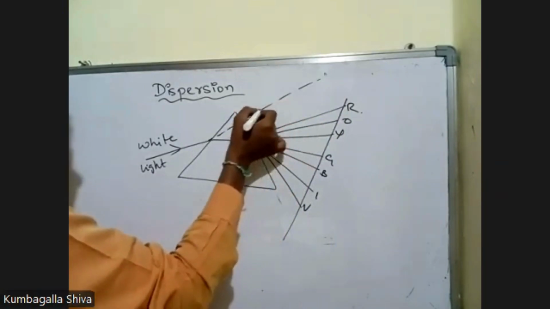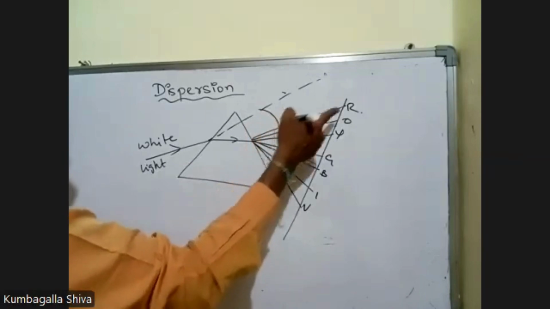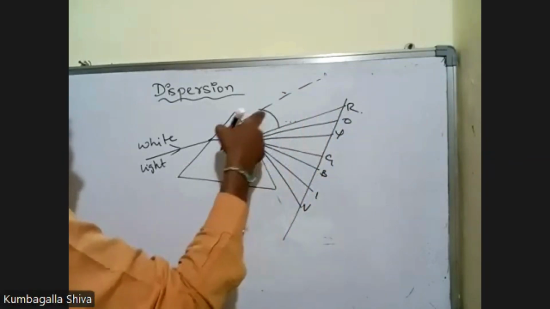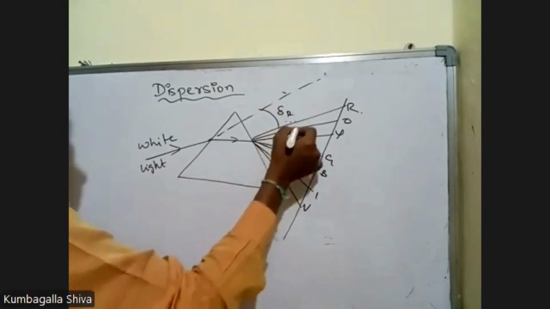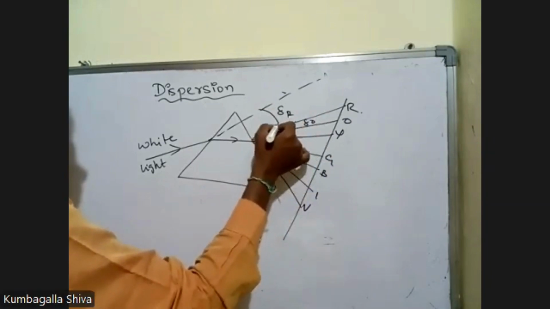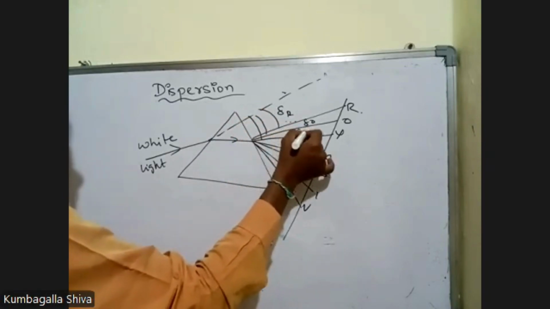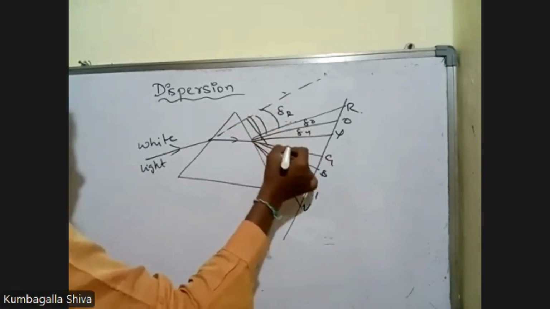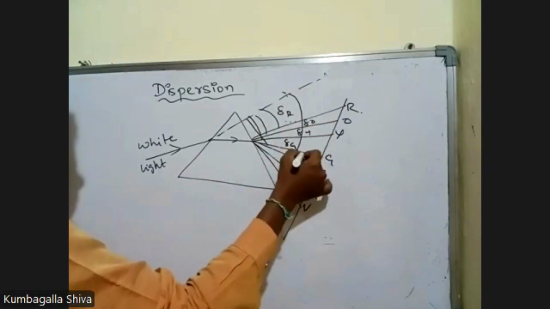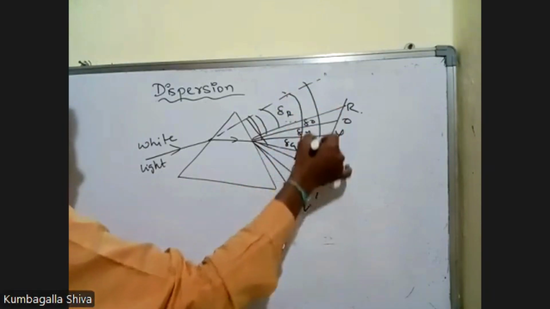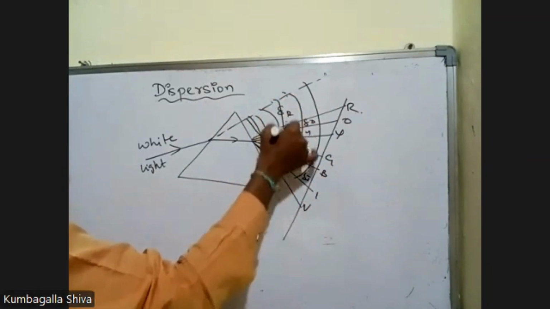Now the angle between the deviation of the red color and the incident ray, this is the emergent ray. Emergent ray is red and this is the incident ray. The final angle between them, this is delta R we say. This is delta O, this delta yellow, this delta green, this delta blue, this delta indigo, and this delta violet.